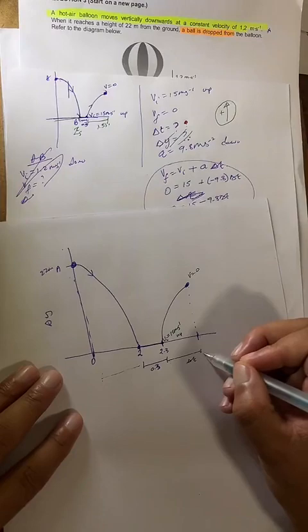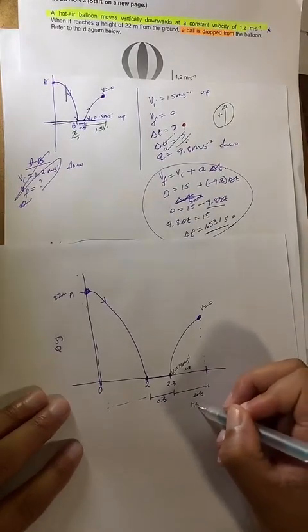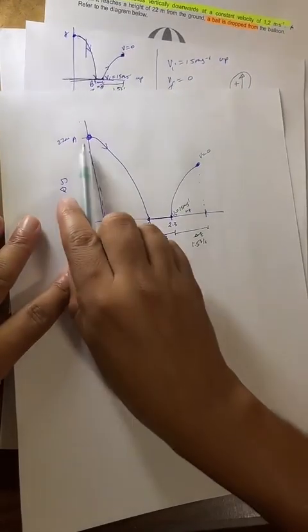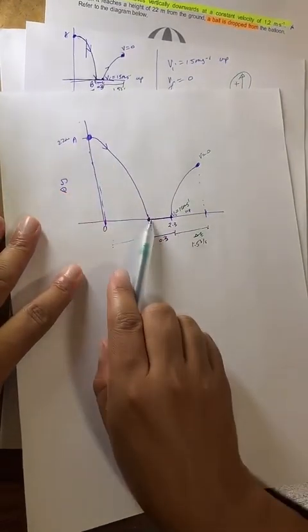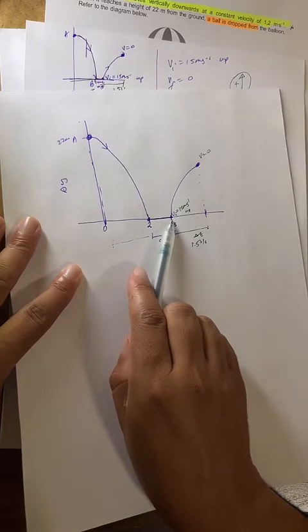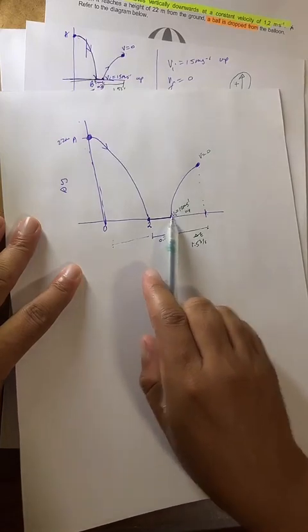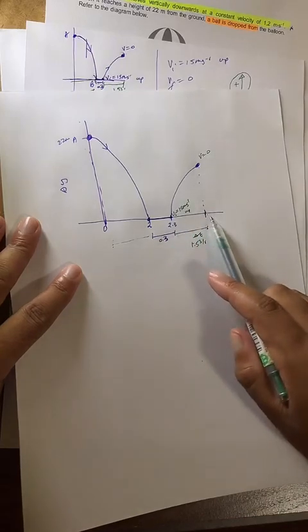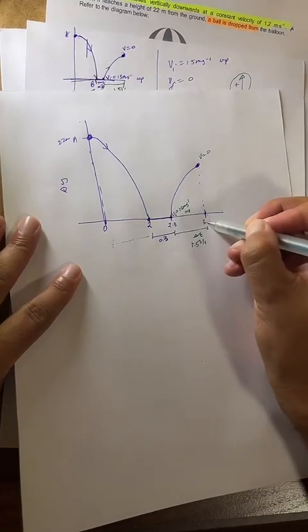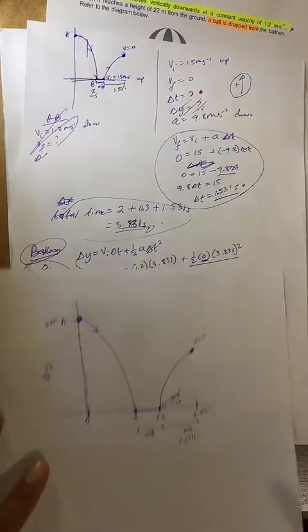We found that the time was 1.531 seconds. So the time from when the ball left the hot air balloon until it hits the ground is 2 seconds, plus 0.3 in contact with the ground, 2.3, plus 1.53 till this part is 3.831. So we have time here 3.831, which is what I did here.